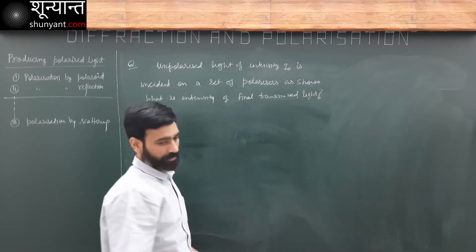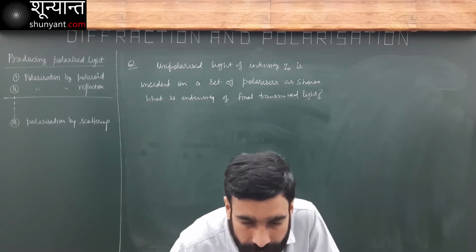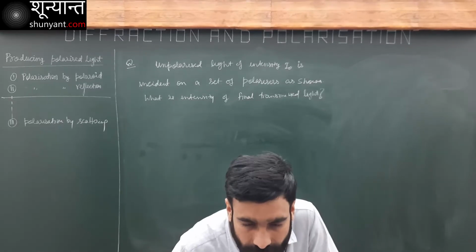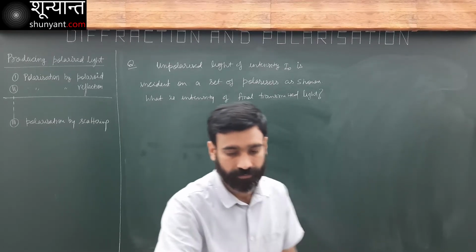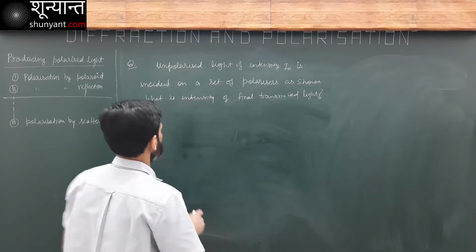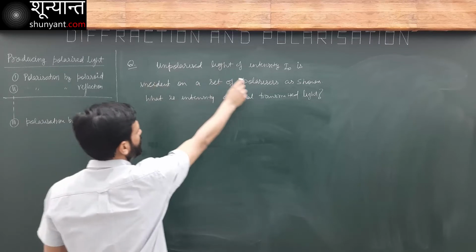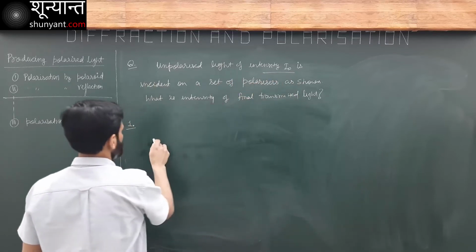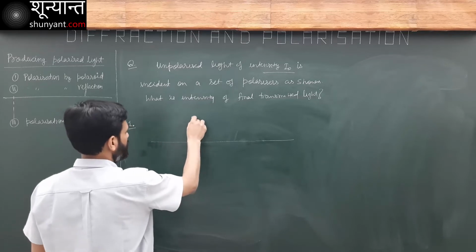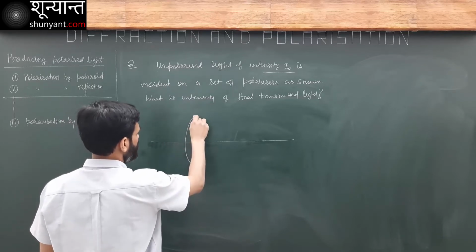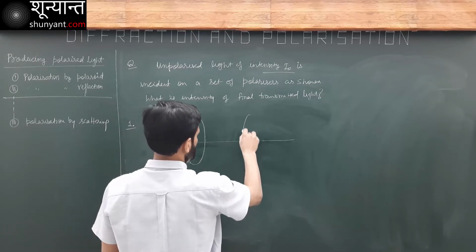Can you read it clearly? I hope that you can. So it's like this. First, unpolarized light of intensity I naught is the incident light. I have this first polarizer, and then a second polarizer.